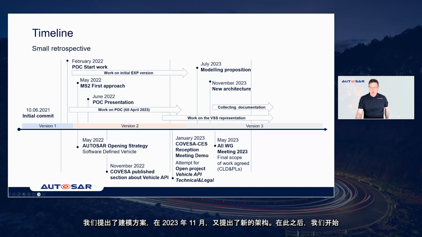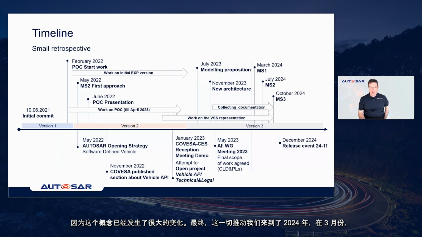After that, we started to collect documentation, requirements, software specification, and write the EXP document as the concept changed a lot. And it finally drove us to 2024, where in March we successfully relaunched the concept process. So we are here at release event 24-11.